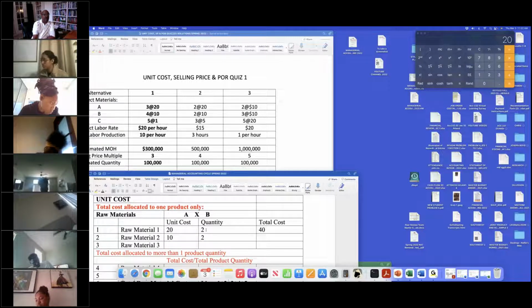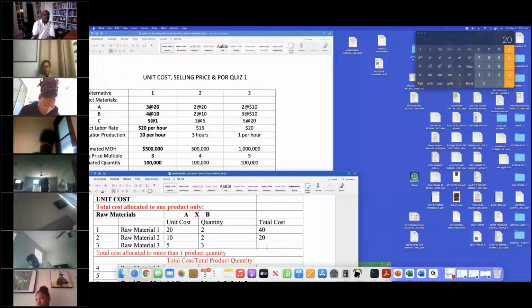And for that third raw material, it's 3 at 5. So what's our total cost? 15.